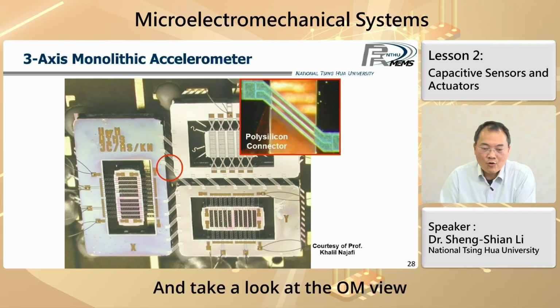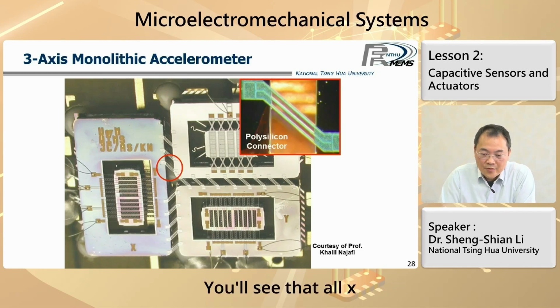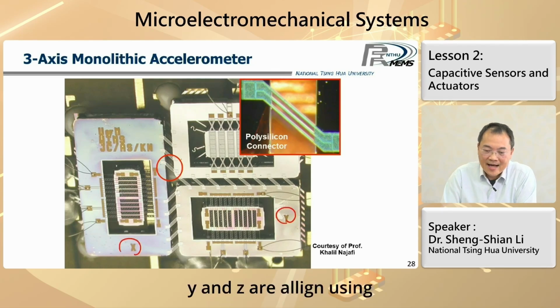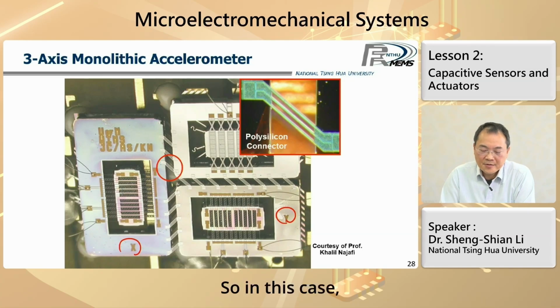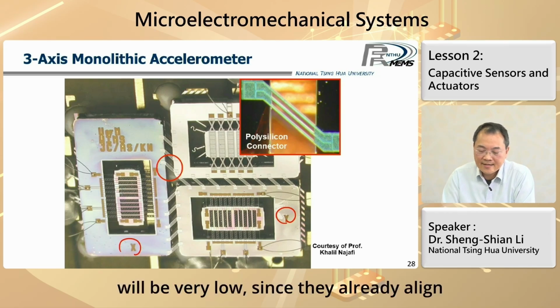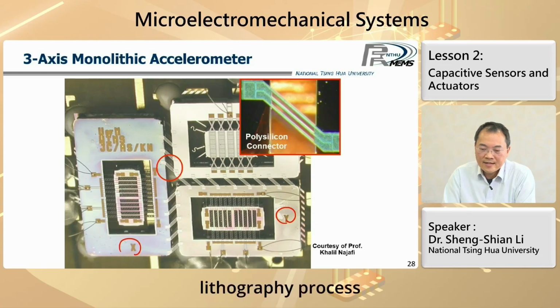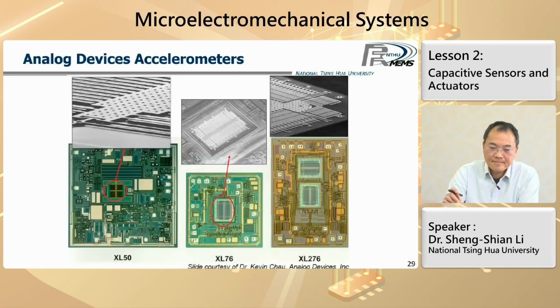And take a look at their SEM view. You will see that all x, y, and z are aligned using polysilicon connectors. So in this case, their cross-axis sensitivity will be very low, since they are already aligned in the wafer lithography process.